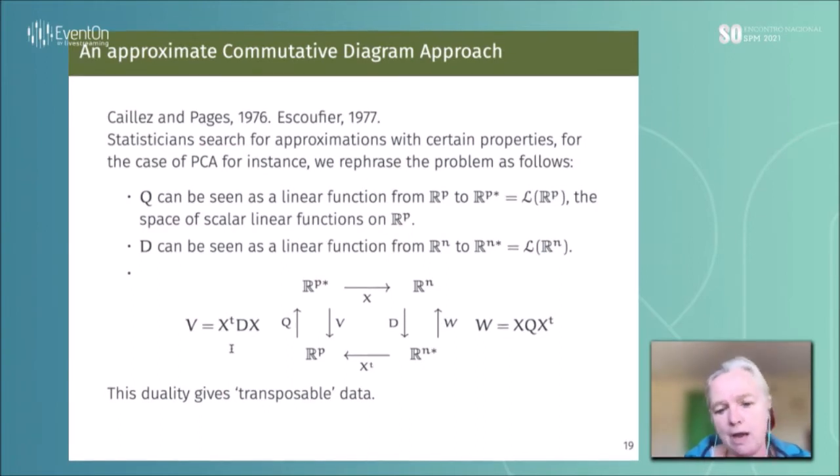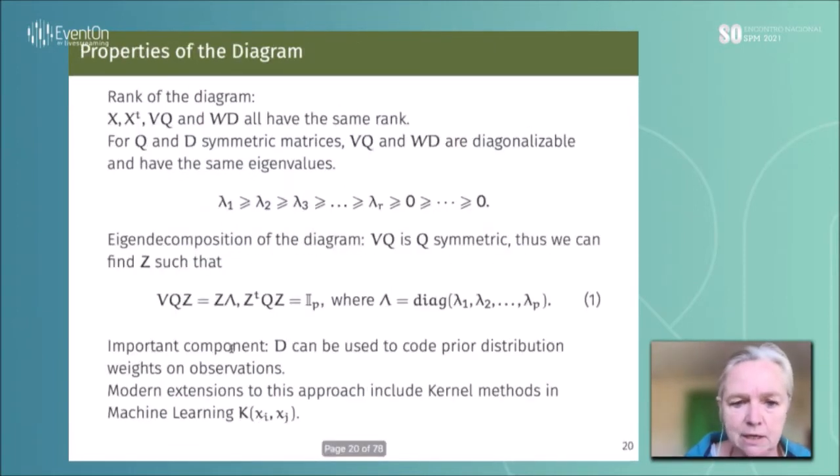And you want to find a best approximation, but of a lower rank. You can take this commutative diagram and give an approximation of it with a lower rank, and that's obtained by doing the eigen decomposition. So you get a rank of the diagram, and the theoretical rank, of course, is lambda r.